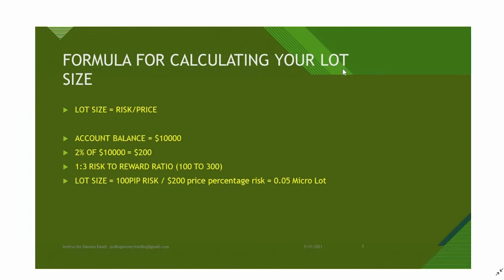Formula for calculating your lot size. In the previous video about calculating lot size, we calculated a lot size without leverage with a $10,000 account balance, and we ended up with a lot size of 0.05 microlot.